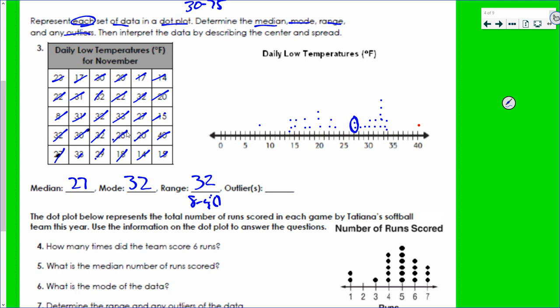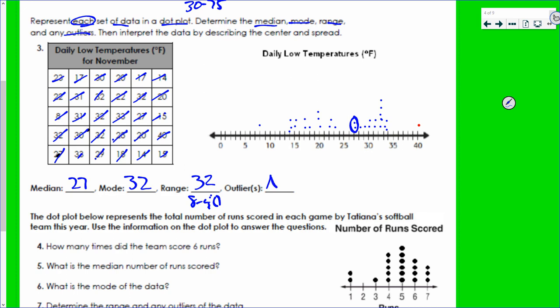So if I look at the 14 to 33, take half of that and then double that, it would have to be almost 12 away to be an outlier. These are only 5 and 6 away. So mathematically, I don't think they're going to qualify as outliers, but I'm going to say none.